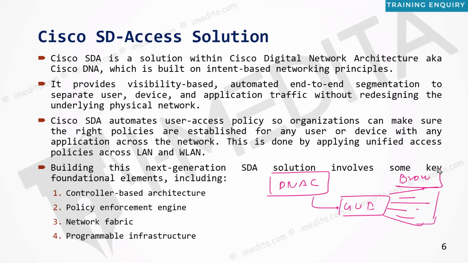But when we click on a particular thing, in the backend it's API. My browser is sending API calls to the DNS center, and DNS center is sending the response based on that API, and we are able to see that from the GUI. So if you are good with programming, if you know about the API, you can leverage those APIs directly.